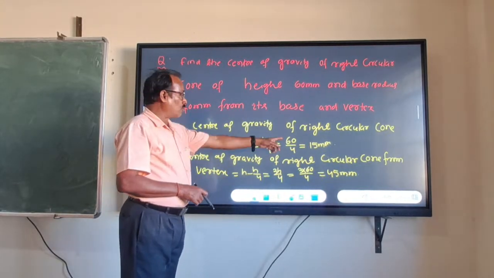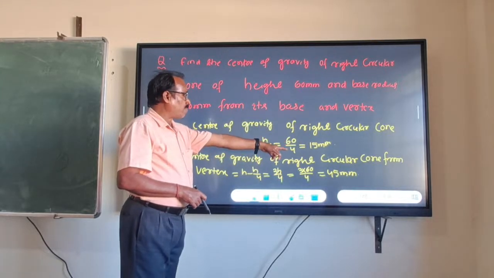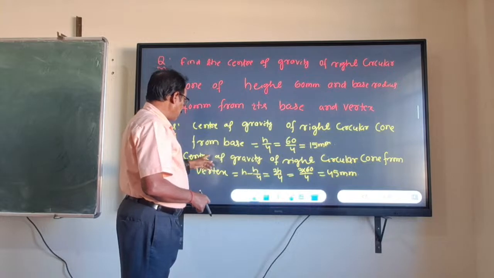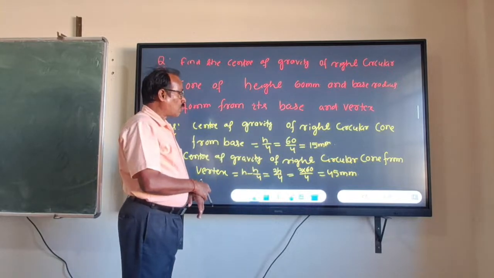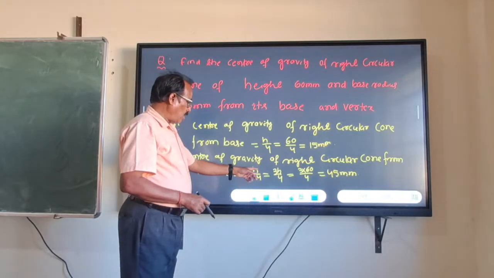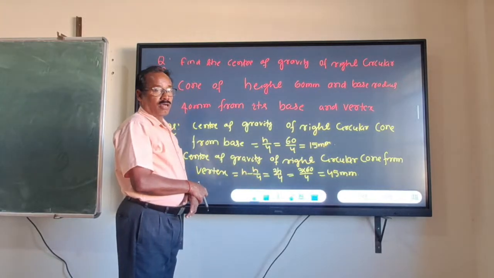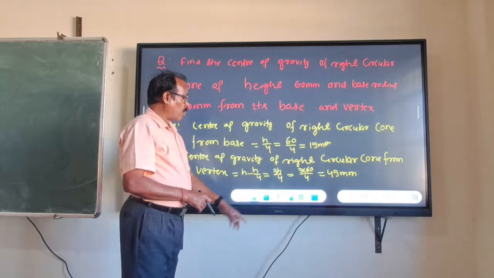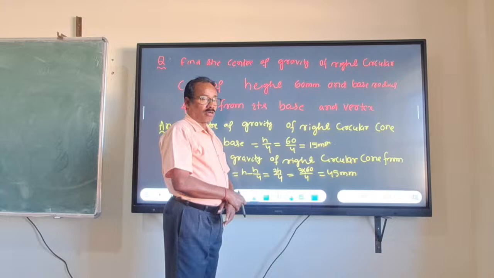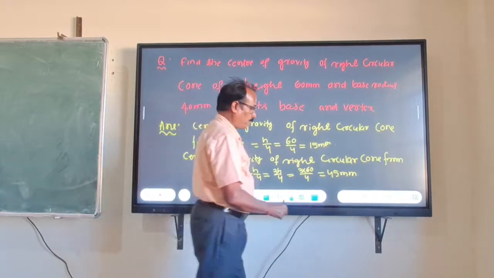Here h is equal to 60, then 60 by 4 is equal to 15 mm. Then the center of gravity of the right circular cone from the vertex is equal to h minus h by 4, which is equal to 3h by 4, which is equal to 3 into 60 divided by 4, which is equal to 45 mm.